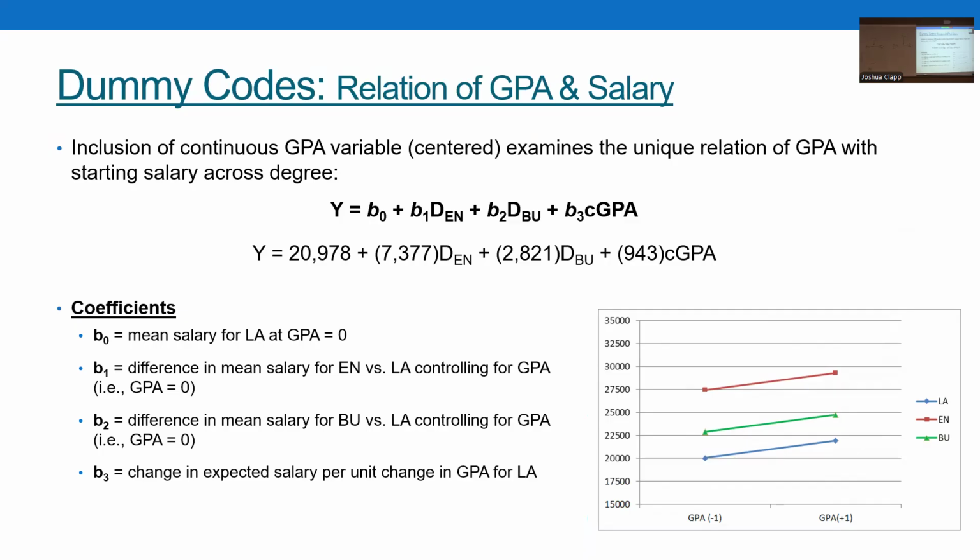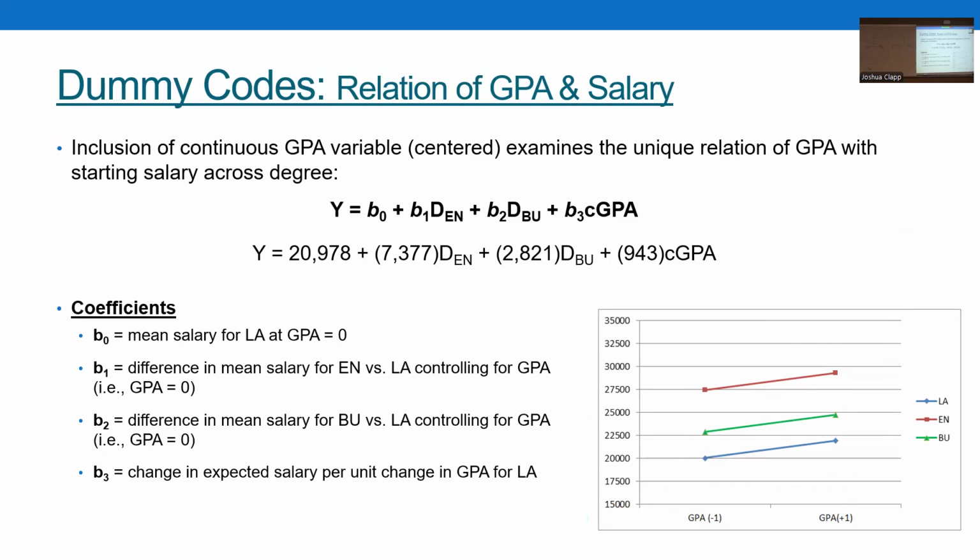No, it's not a real number. It's not anything that's interpretable, right? And in this situation with these categorical variables, the intercept does start to become interesting because it's telling me my expected value for one of my groups, right? So centering this, we're saying at an average GPA, this is the expected salary for liberal arts folks at average GPA.